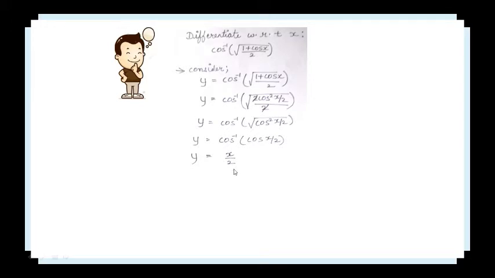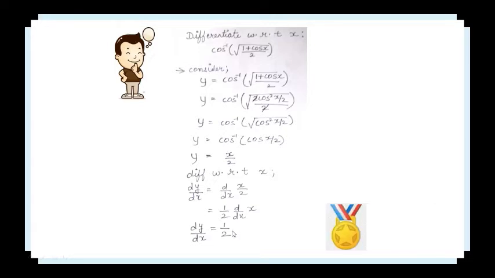Now we will be differentiating. So differentiate with respect to x, dy by dx will be d/dx of x by 2. So that 1 by 2 I can take it out and I can write this as half d/dx of x, and derivative of x will be 1. So dy by dx will be half. Okay, so this will be the answer.